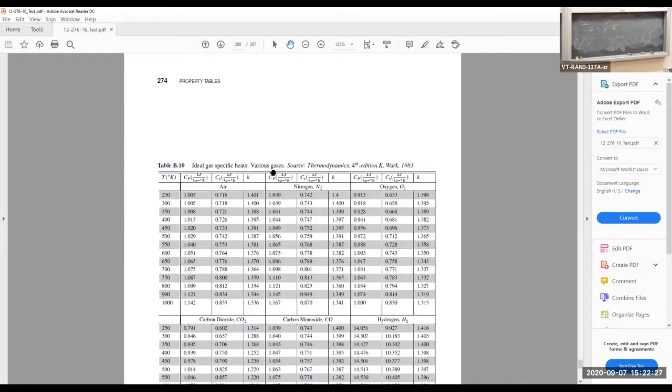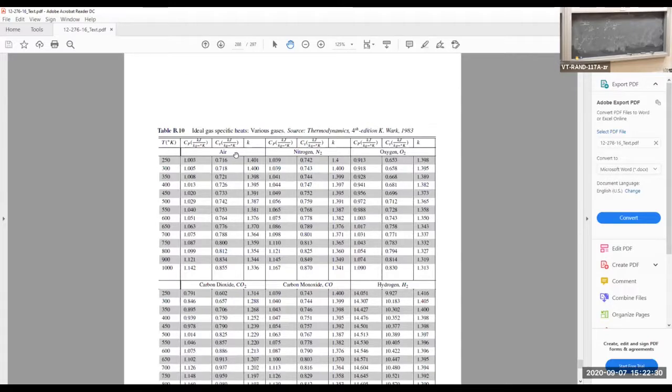And now we have ideal gas specific heats for various gases. Air: temperature, CP, CV. At 300 Kelvin, CV is 0.718 kilojoule per kilogram Kelvin. At 600 Kelvin, 0.764 kilojoule per kilogram Kelvin. So as the system heats up from 300 to 600, the specific heat is changing a little bit, going up by about 0.05, increasing by about 10%.